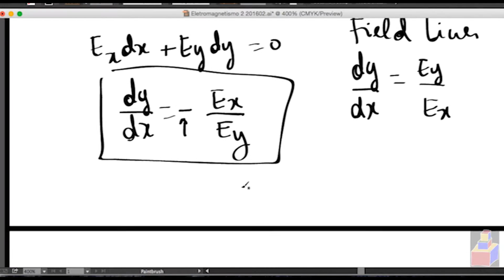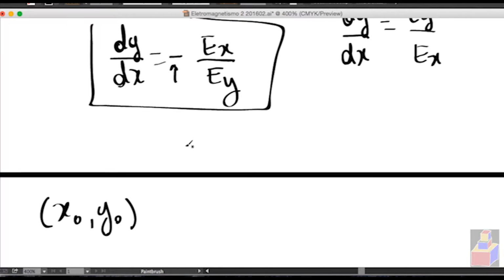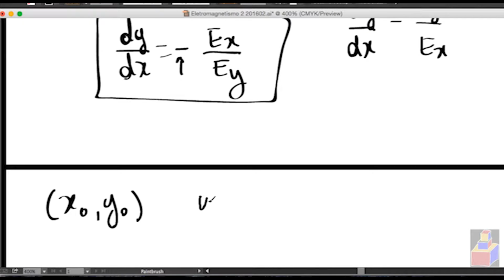So to solve the equation, if we start the equipotential line at a point x0, y0, the solution of this equation here is y equals y0 plus the integral between x0 and x. Should be a minus sign, right? Here, sorry, it's supposed to be minus now.